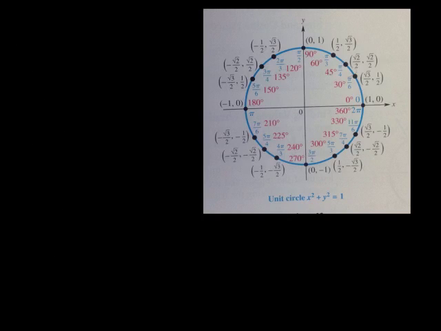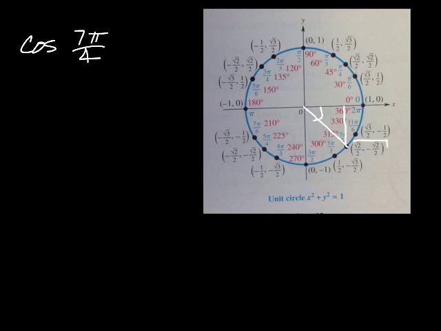Okay, here's where it gets nerdy cool. Let's say I'm looking for the exact value of the cosine of 7 pi over 4. If we use our handy dandy little chart here, it's right there. It is a 315 degree angle, or an angle right there that's 45.